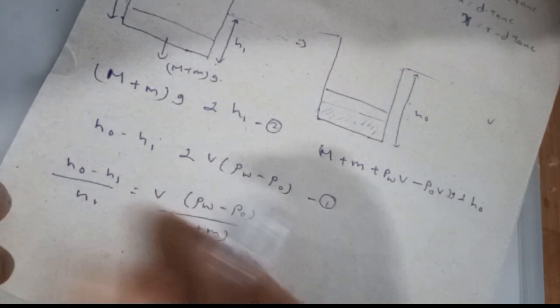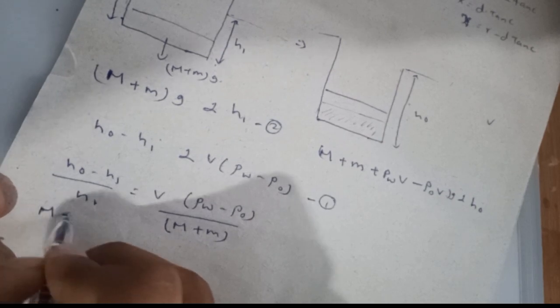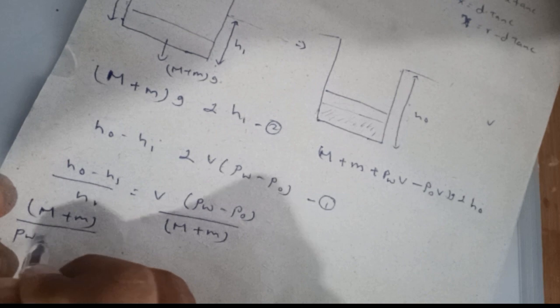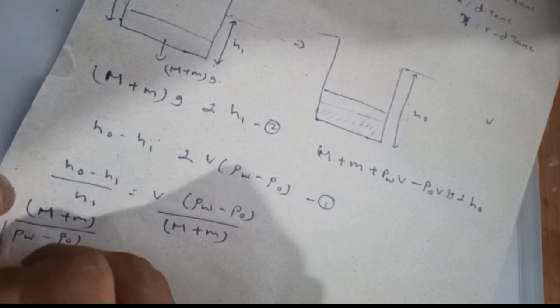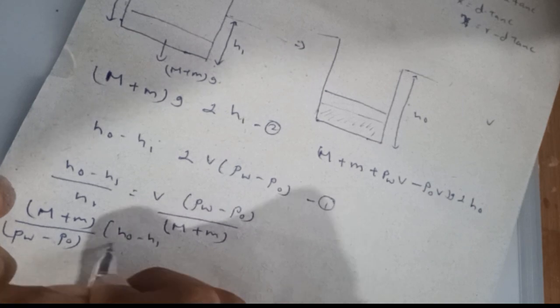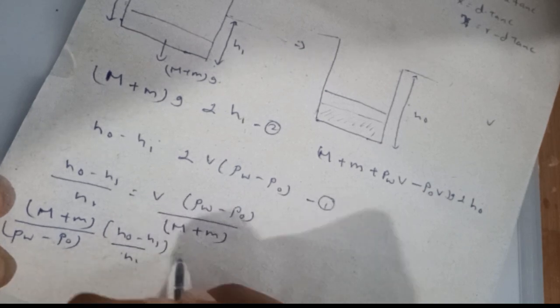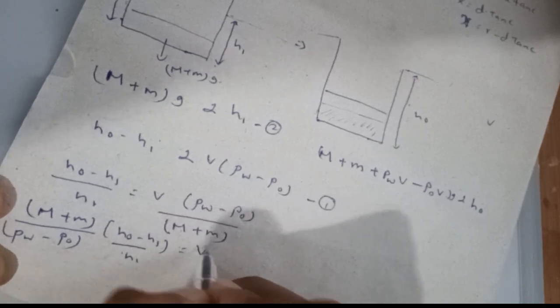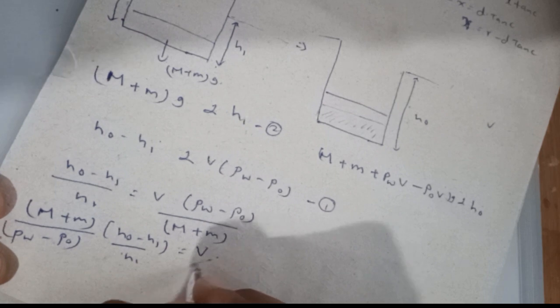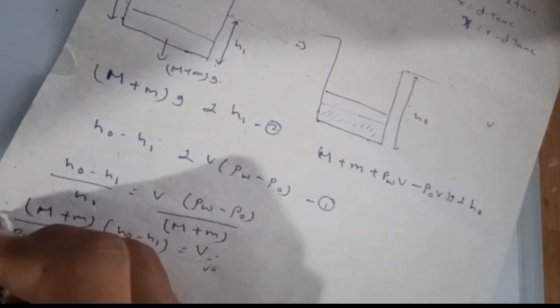So I can just cross multiply: capital M plus small m, rho w minus rho naught, h naught minus h1 over h1 is equal to V. Now I can divide both sides by V naught.